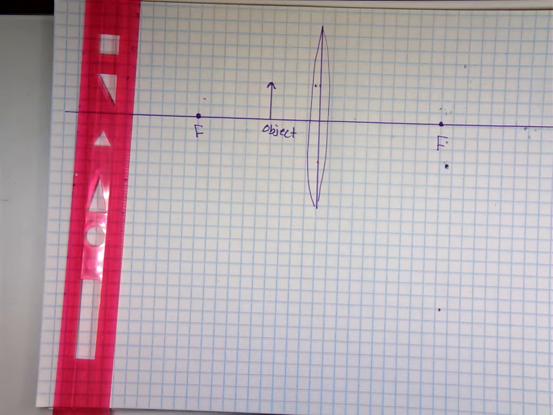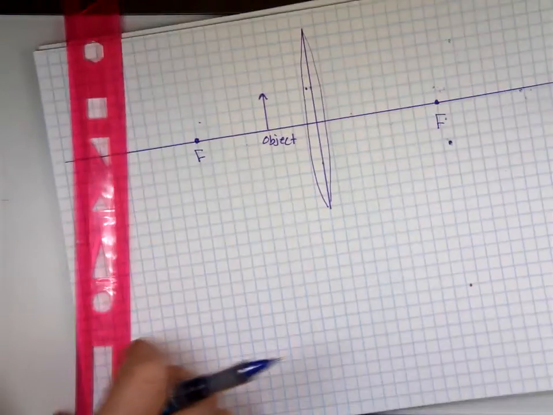Color coding, the P ray is the blue. P is parallel. Okay. So let's do the P parallel.